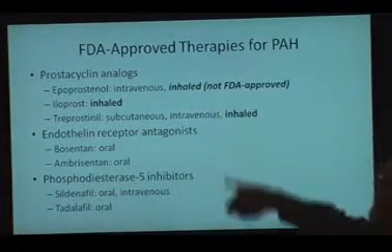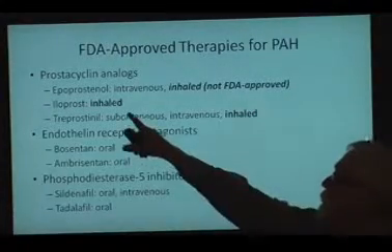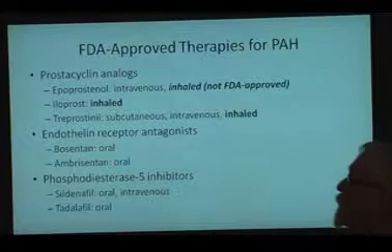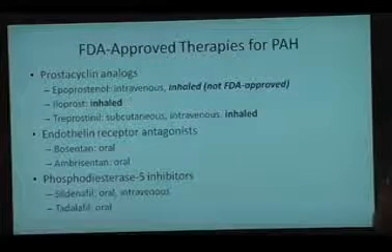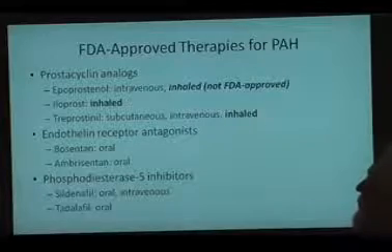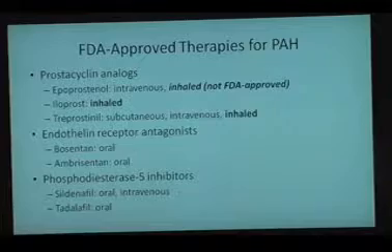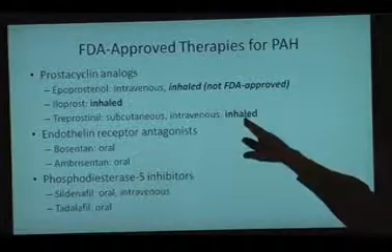You do that all the time, but it's not FDA approved for inhalation. Iloprost, which is approved for inhalation. In fact, that is the way that it is administered most commonly. And treprostinil, or Tyvaso, which can be given subcutaneously, intravenously, or by the inhaled route.